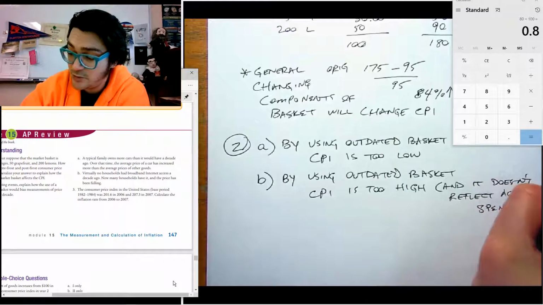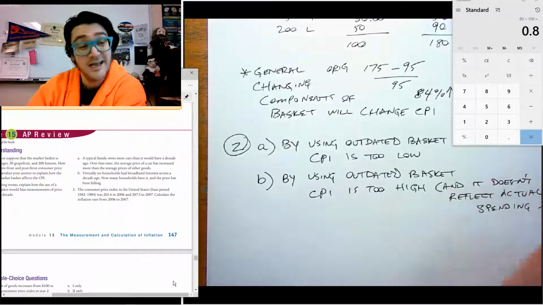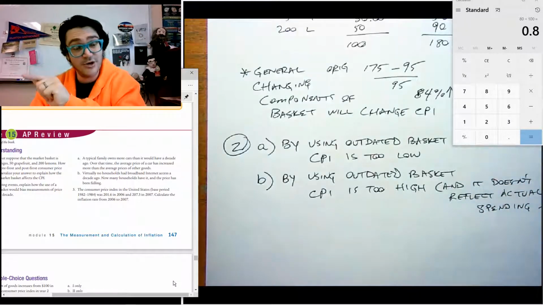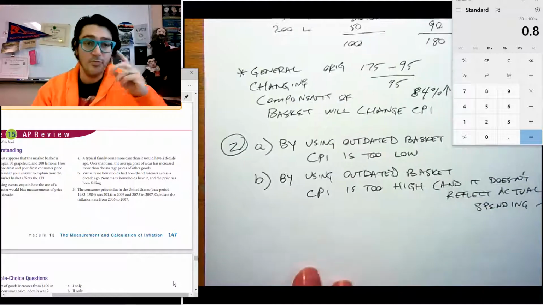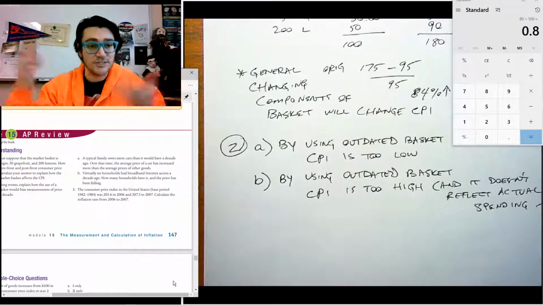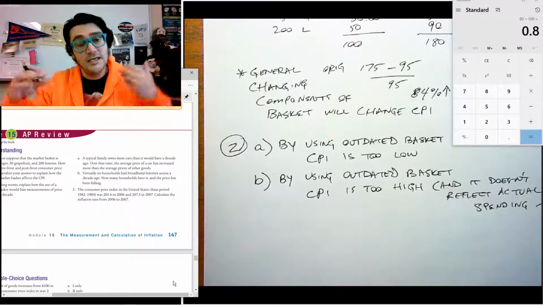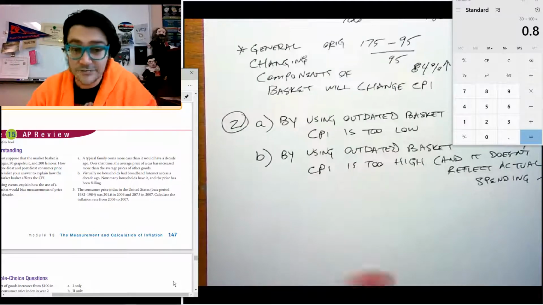It doesn't even include the broadband, for one, and for two, it's cheaper to get on the internet now than it was 10 years ago, but we haven't included that in our calculation, and so the CPI is too high. And so you can see how constructing the basket makes a difference on these.